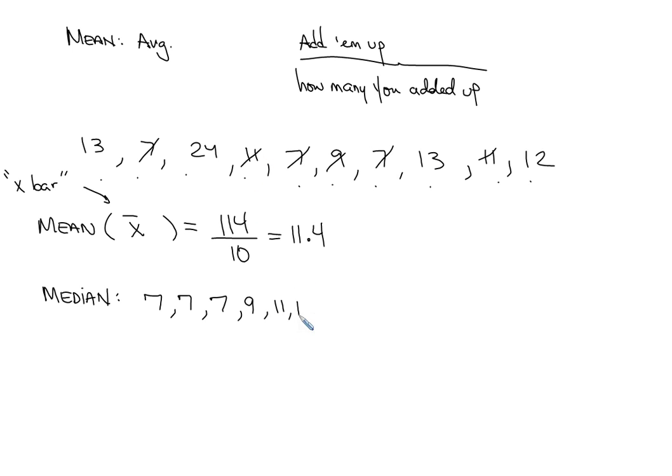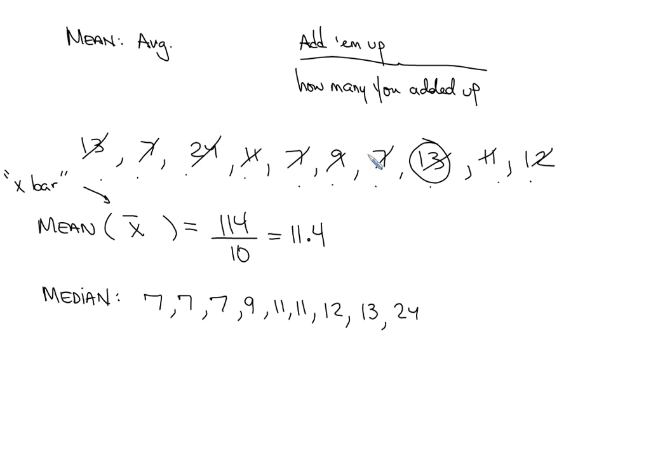Then we have 2 11s, a 12, 2 13s, and a 24. Notice I have 10 numbers up here, and 9 numbers there, so something's missing.